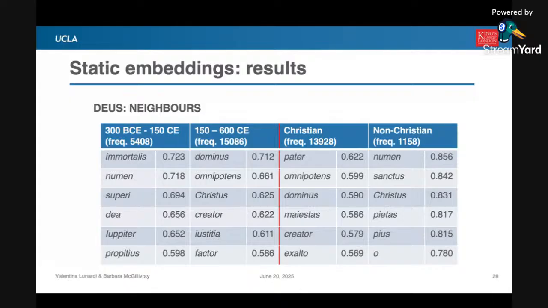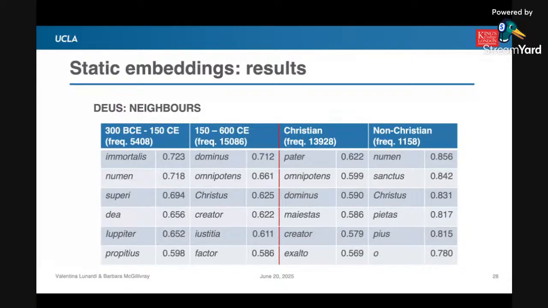In the first one, I see immortalis, like the immortal gods, a written way to address the Roman gods. Numen, which is like divine will. Dea, indicating that there were also female goddesses, so polytheism, and then you've got Jupiter, name of the chief Roman deity.